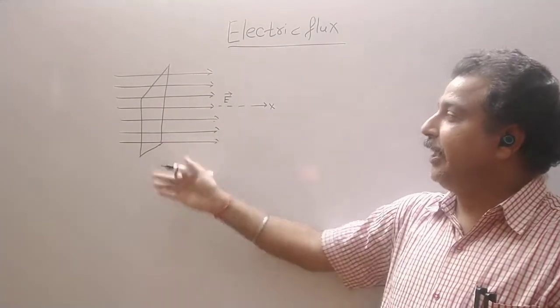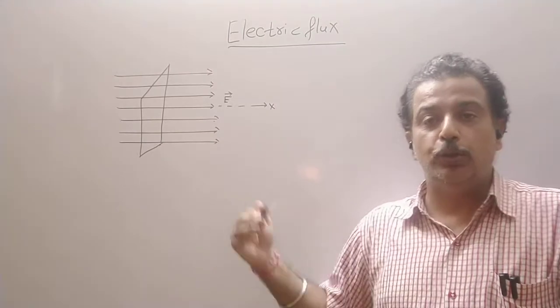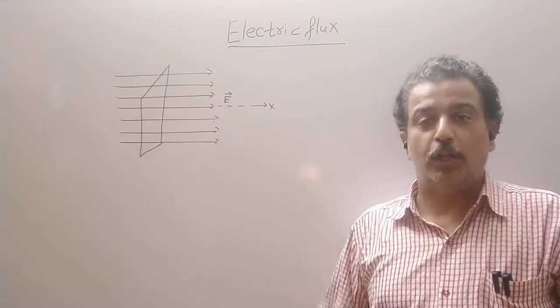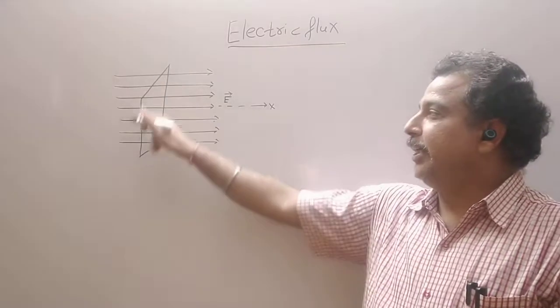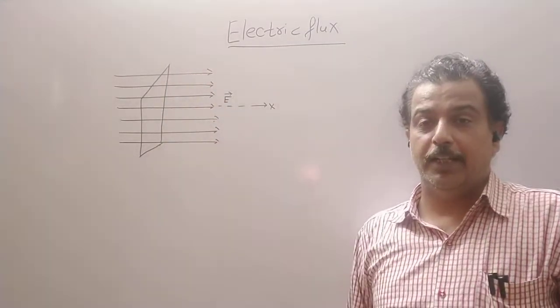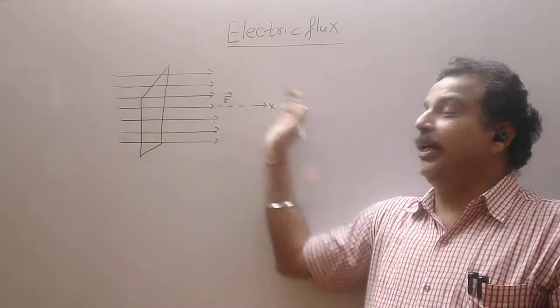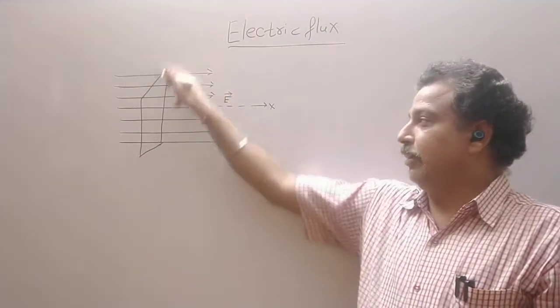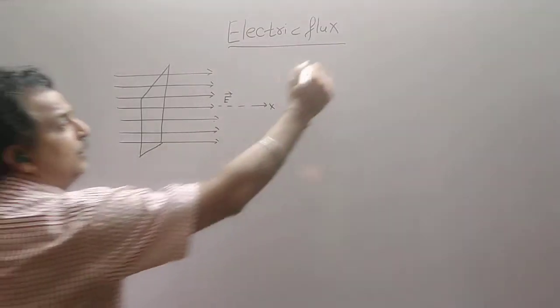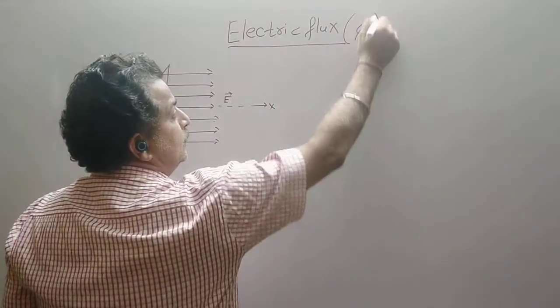Now how the unit area is held, or how the unit area is oriented, or kept. Now here the unit area is kept in such a way that the plane is perpendicular to the electric field lines. So this is our plane. Now the flux is denoted by the symbol phi.